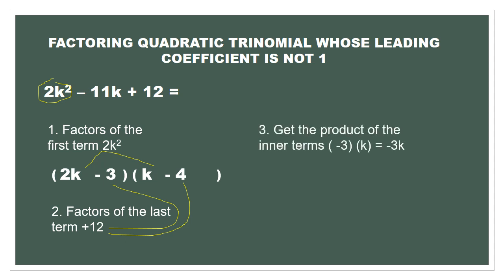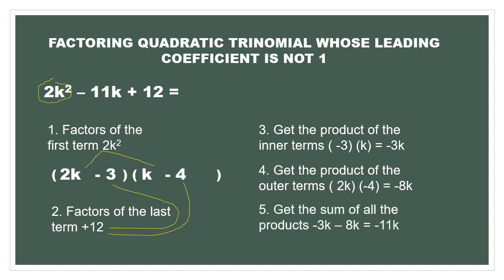Get the product of the inner terms. We have negative 3 times k is equal to negative 3k. And get the product of the outer terms, which is 2k times negative 4 is equal to negative 8k. Then, get the sum of all the products. Negative 3k minus 8k is equivalent to negative 11k.